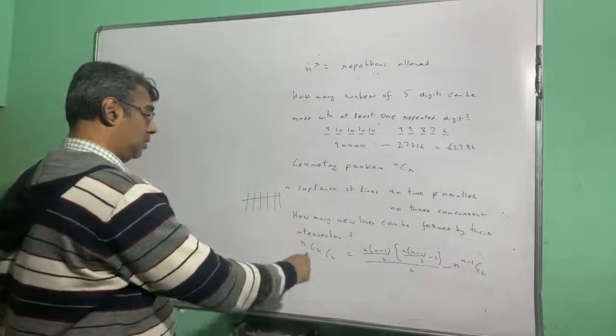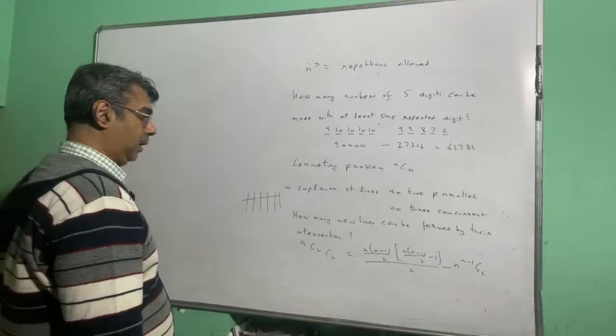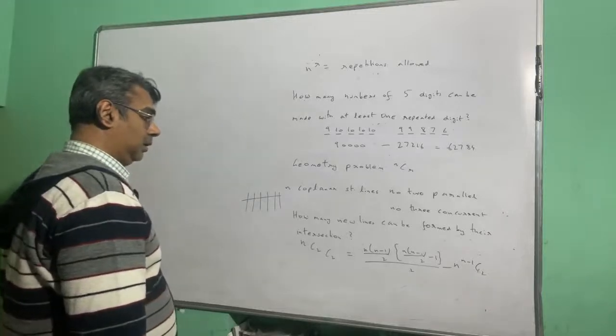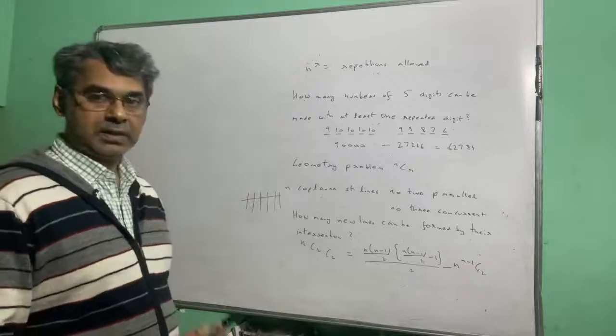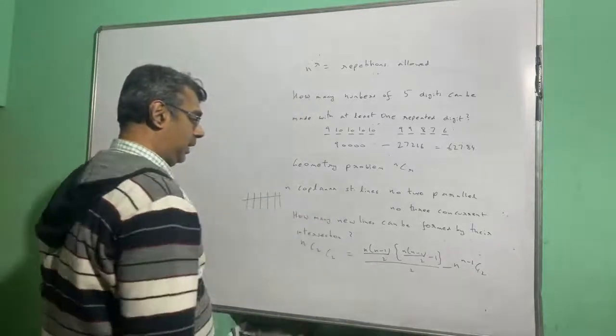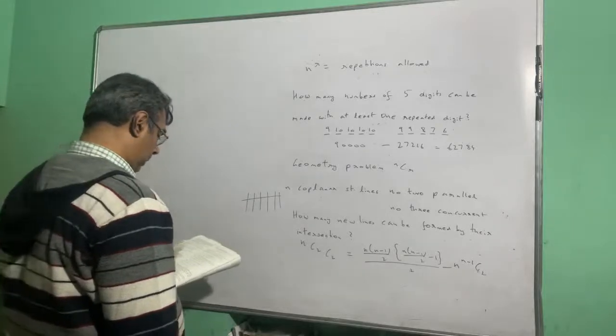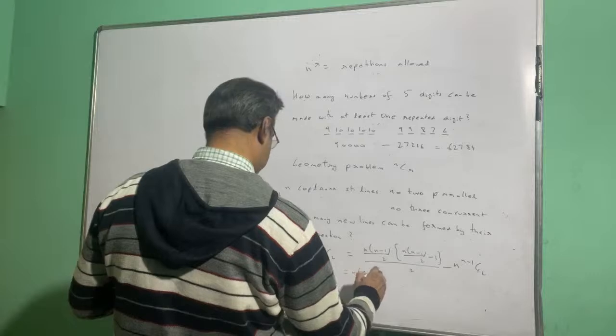So out of n minus 1, if you take any 2, that's n minus 1 C2, and those two you should not take because they'll give the same line. And since there are n lines, you have to subtract n into n minus 1 C2. So ultimately the calculation will be like this.